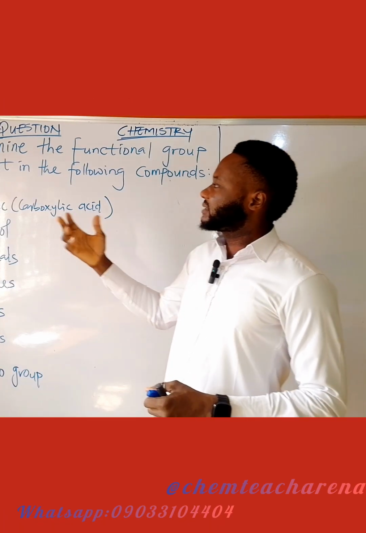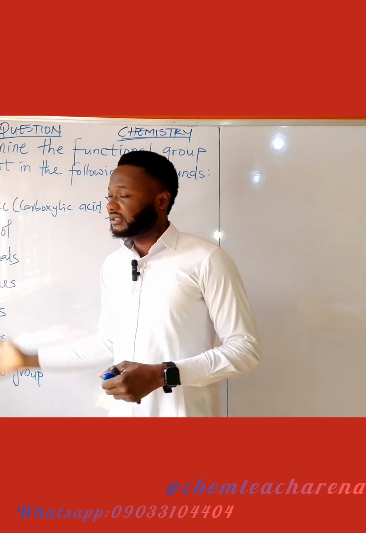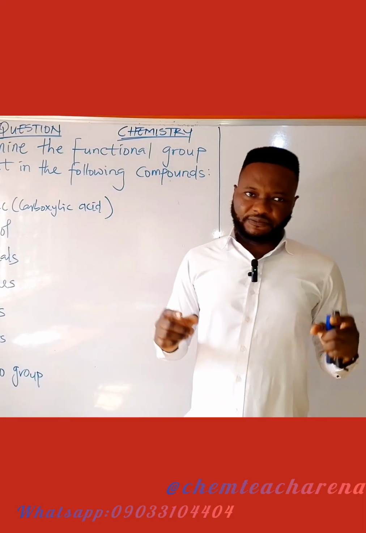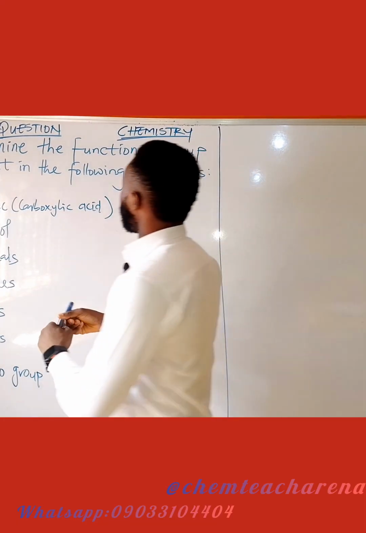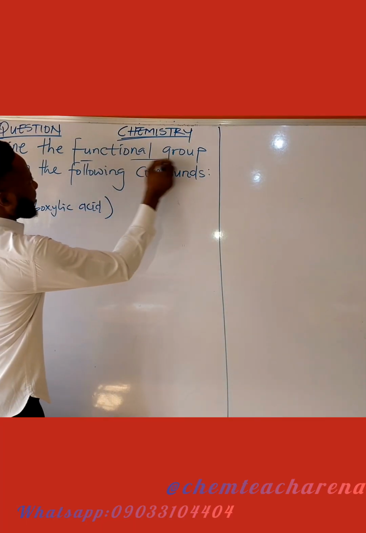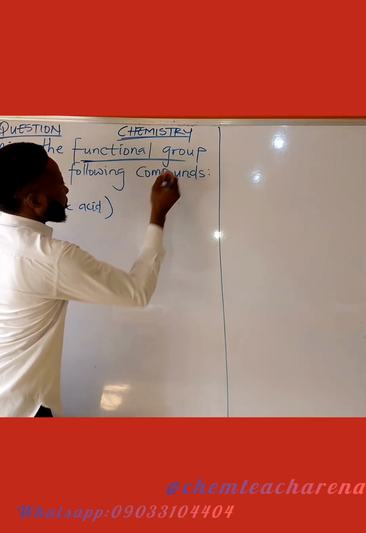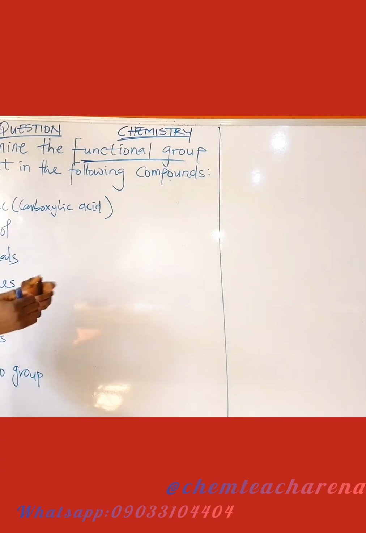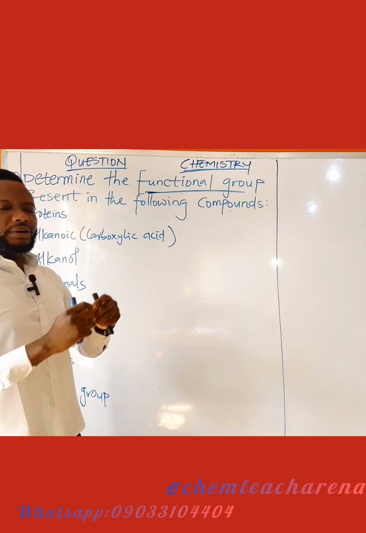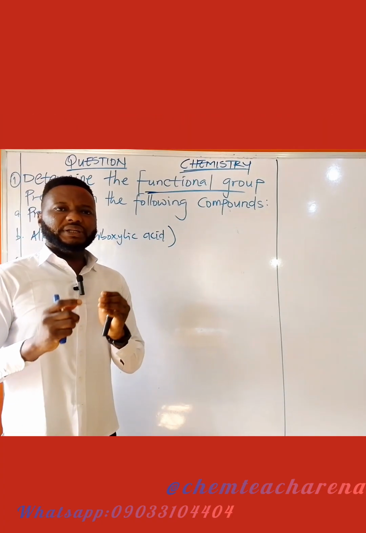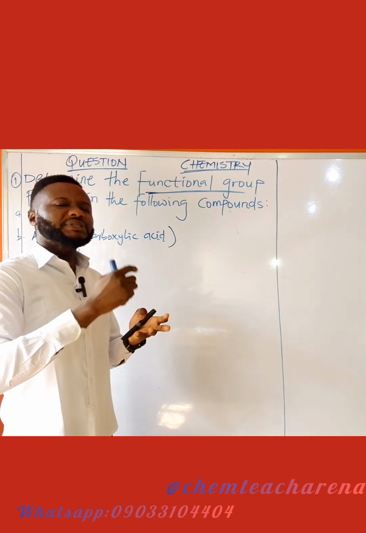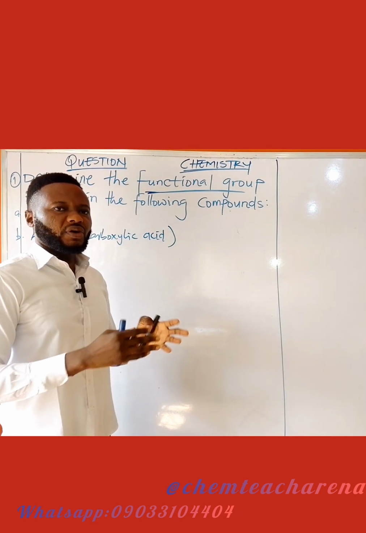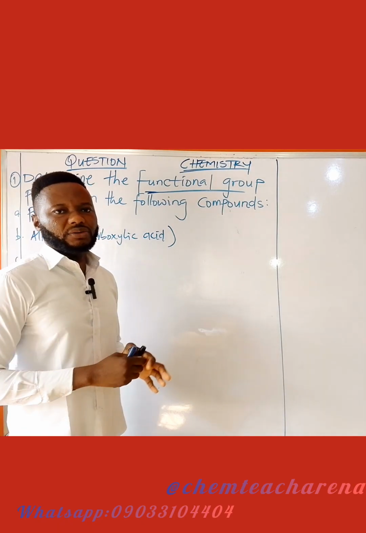Now, before you start determining the functional groups that are present in these compounds, you need to know what a functional group is. We said that a functional group is a bond or a radical present in a molecule which determines the chemical reactivities of that particular compound.